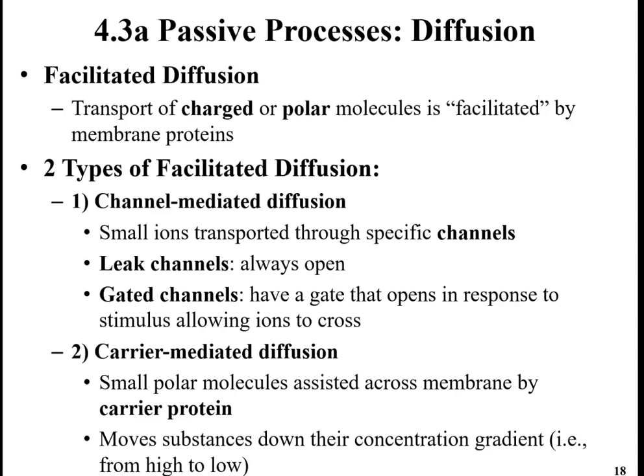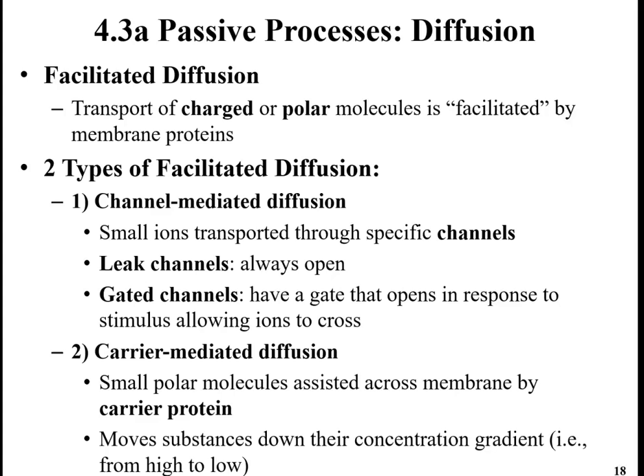As opposed to simple diffusion, there's facilitated diffusion. This is where the transport of charged or polar molecules is facilitated by membrane proteins. There's two types of facilitated diffusion: channel-mediated diffusion and carrier-mediated diffusion. In channel-mediated diffusion, small ions are transported through specific channels.